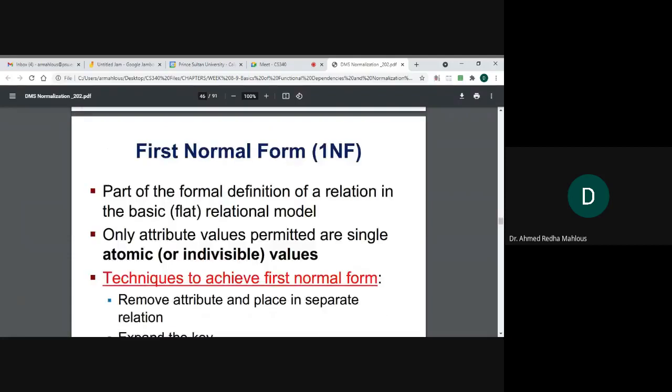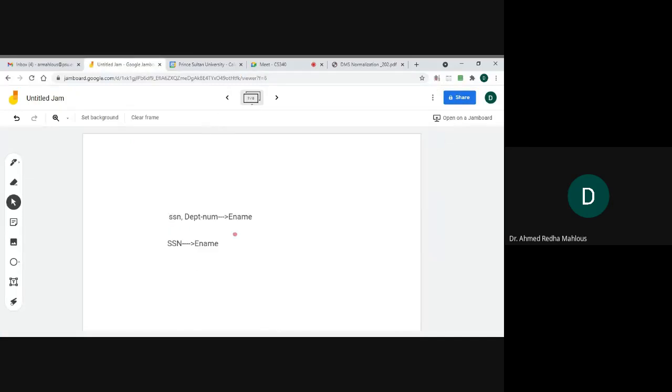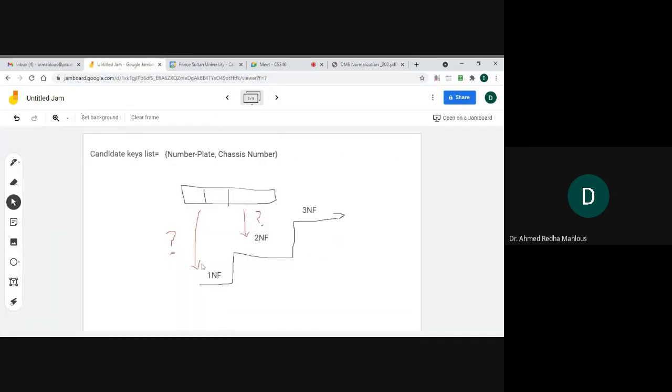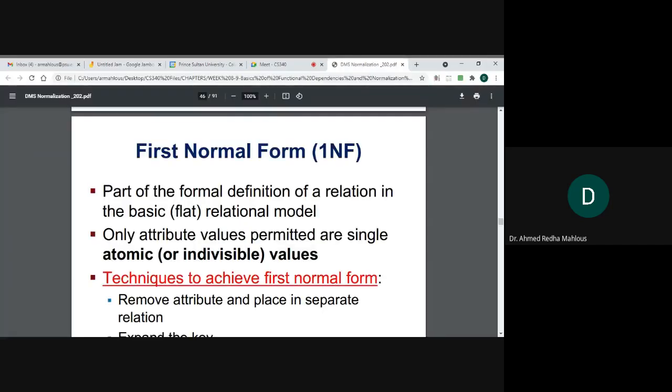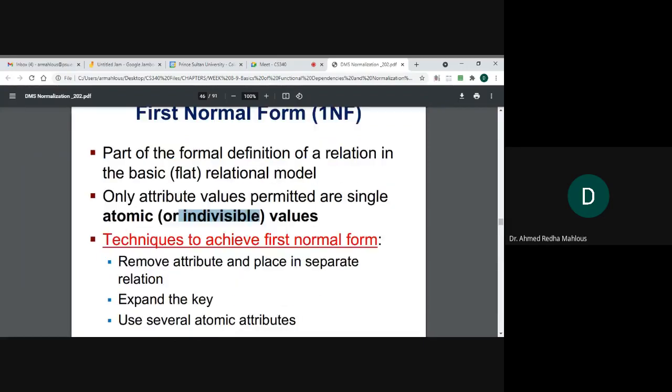Now, quickly, 1NF. It is very simple to verify whether your relation is 1NF. It is by definition based on atomic values. If you remember, atomic means indivisible value. That means when you define your relation, all the attributes should be atomic. We cannot have a composite value in the relation.